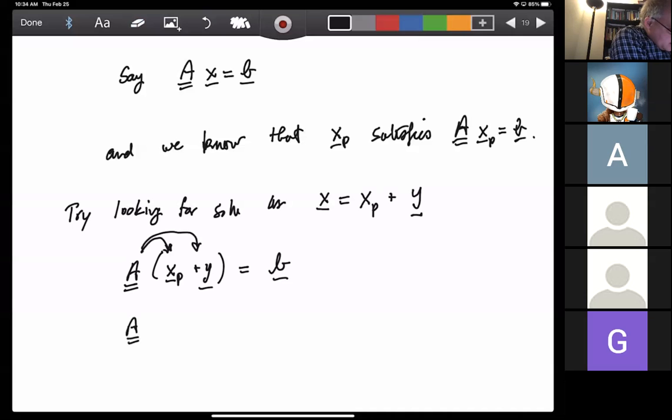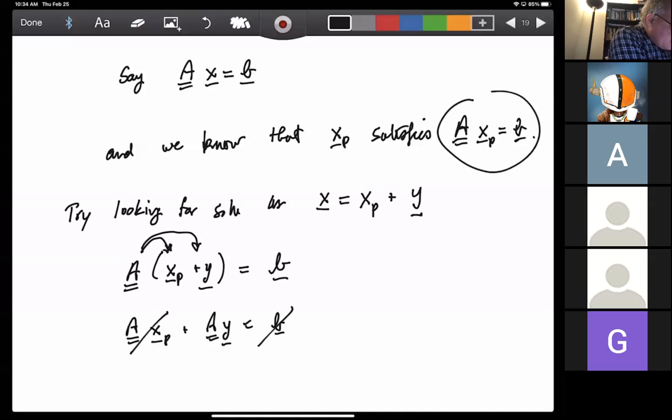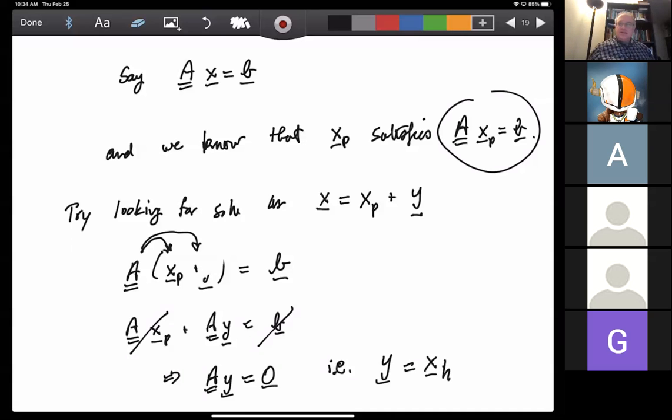So A X sub p plus A Y is equal to B. But remember, we said that A X sub p has got to be equal to B, so these guys are the same. So A Y is equal to the 0 vector. And the general solution of this is therefore going to be the general homogeneous solution of the system.